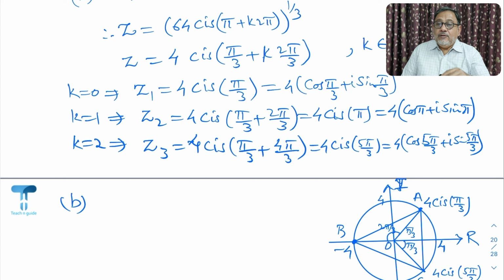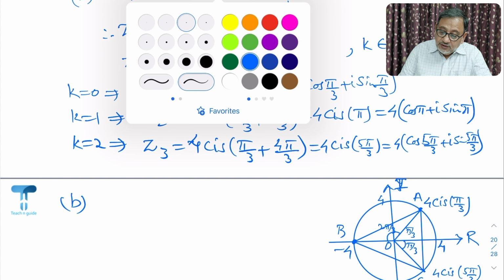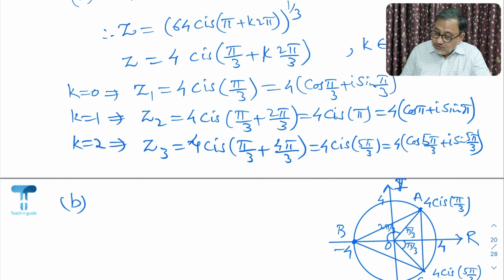To find the area of this triangle, we will find the area of 3 different triangles. We will take each triangle. Let me mark it with different colors so that you can see them. One of my triangles is this, the other is this, and the third is this.